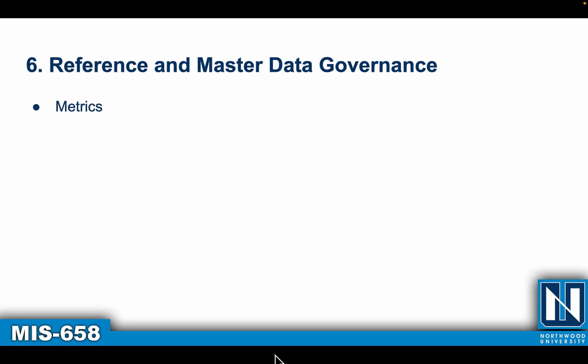Okay, and finally, let's look at the last key component, reference and master data as it relates to governance. So here, metrics are playing a critical role in monitoring our success. And some of the big components here include data quality indicators, things such as accuracy, completeness, and timeliness. Usage metrics, which we can use to track how widely master data is adopted across all of our various systems.